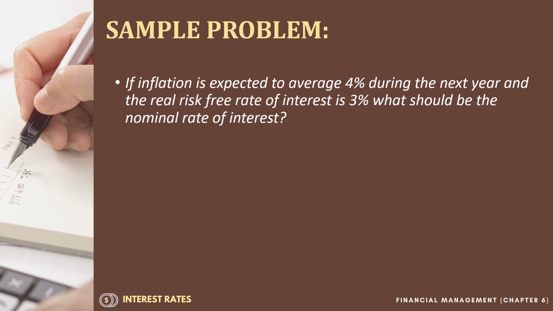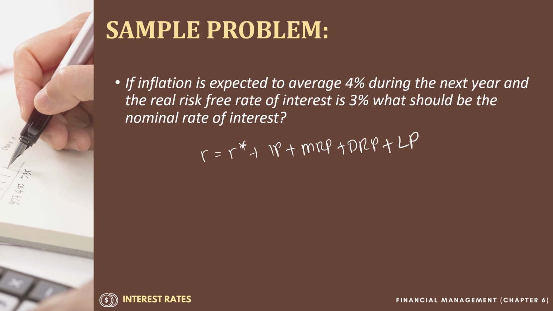Now, another problem is, if the inflation is expected to average 4% during the next year and the real risk-free rate of interest is 3%, what should be the nominal rate of interest? Now again, the equation here is R is equal to real risk-free rate plus inflation premium plus market risk premium plus the default risk premium and plus the liquidity premium.